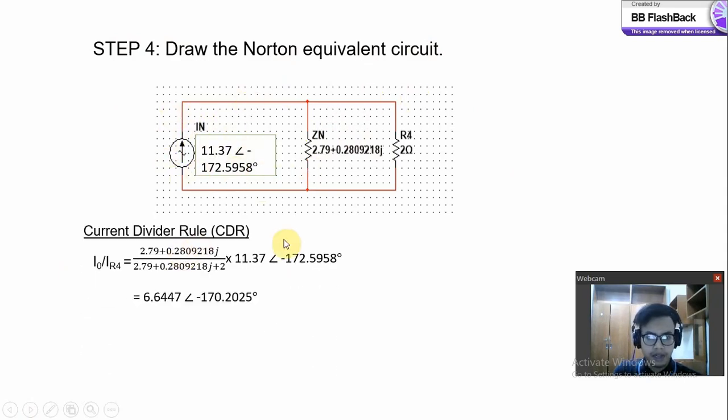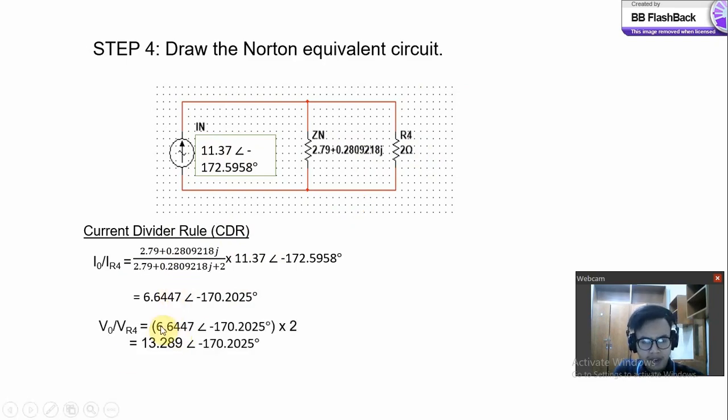After that, use the current divider rule to get the I0, or the current across this resistor R4, and we can get the value. To get the I0, or current across the R4, just take the value Zn, divide it by the value of Zn plus the 2 ohm resistor, and multiply with the In, and we can get the I0, or current across the resistor 4.